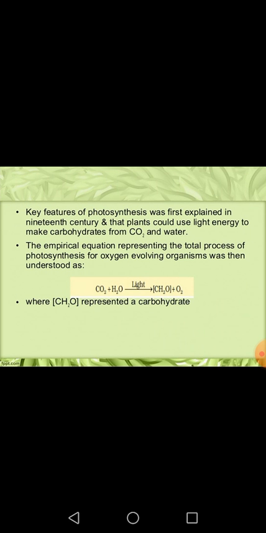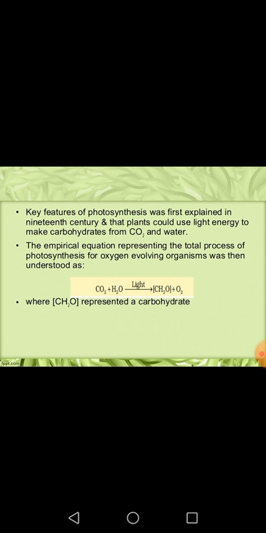Okay, and the key features of photosynthesis were first explained in the 19th century. The main features were that in plants, light energy is utilized during photosynthesis, and during photosynthesis carbohydrates are synthesized from carbon dioxide and water. An empirical equation was given, and this equation is CO2 plus H2O.